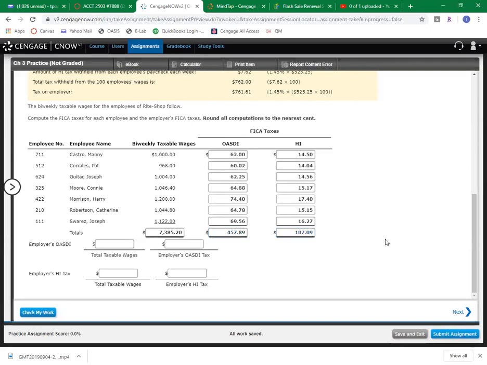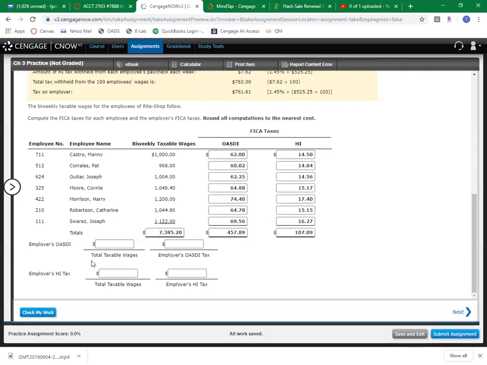$107.09. I would be inclined to just take those numbers and put them down here where we're talking about the employer's contributions, because we know that they pay 6.2% and 1.45% just as the employees contribute. However, that actually does work on the Medicare calculation, but on your OASDI, if you put in 457.89, it will flag it as incorrect.